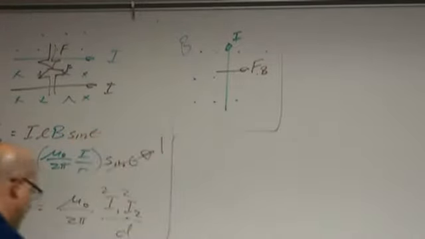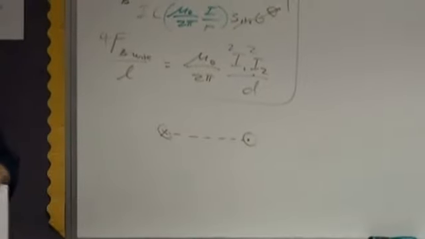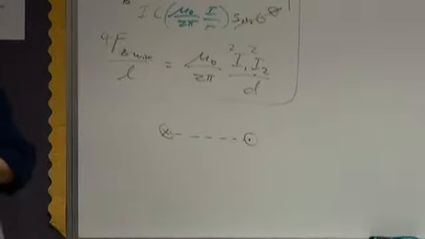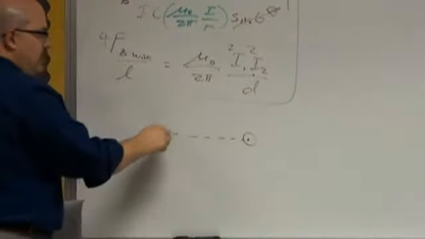Okay, number 19. We got this one where we have a current here and a current here. And they want to know, on the line in between them, where is the magnetic field 0? No place. Why not? Because they're moving in the opposite direction.